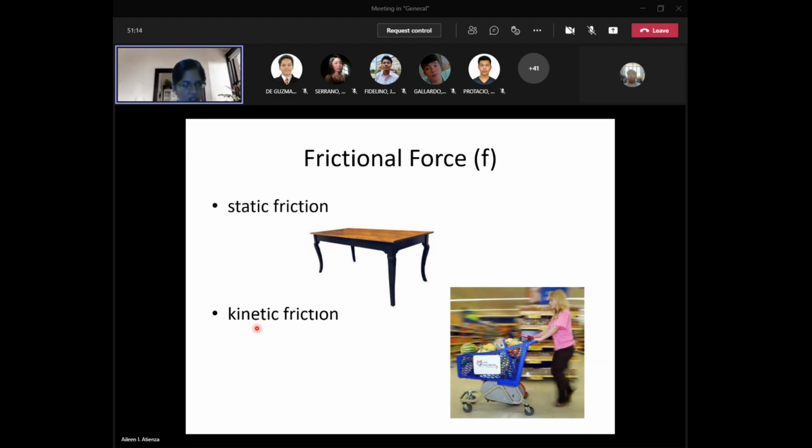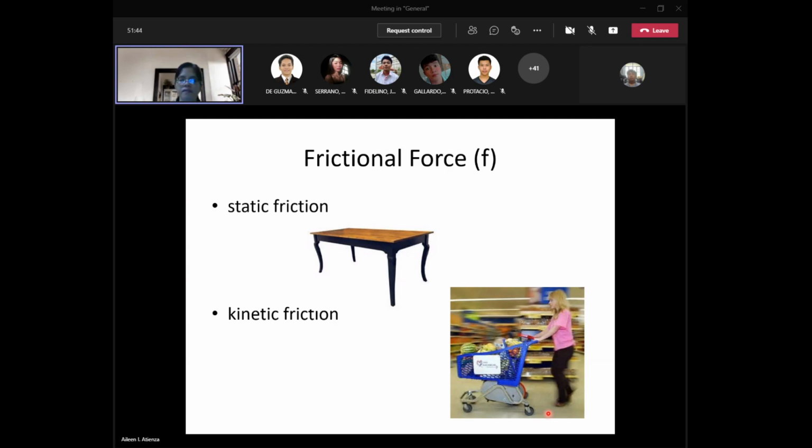Obviously, when you have kinetic friction, we say that there is a motion on the object. For example, we have this lady pushing the trolley. Nasaan yung friction? Friction in between the wheel of the trolley as against the pavement, as against the ground.